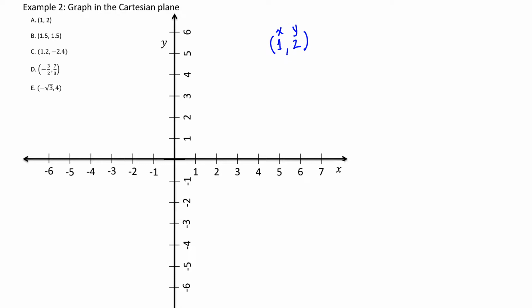And like the number lines, if you need a decimal or an irrational number, you're going to go in between the numbers. So the first one's easy. You have -1, 2, which brings our point right here, point A. When we need to find B, we go between 1 and 2 for 1.5, and between 1 and 2 for y as well.